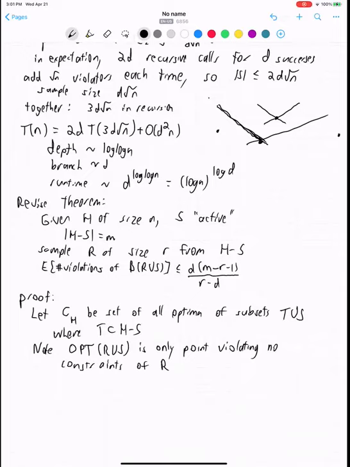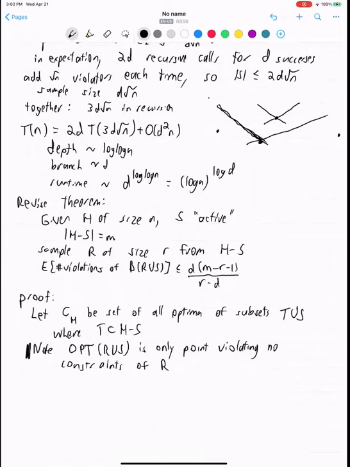So, wait, do I have a typo there? Sorry, hold this thought. I may need to come back and fix this later, but let me go on for the moment.